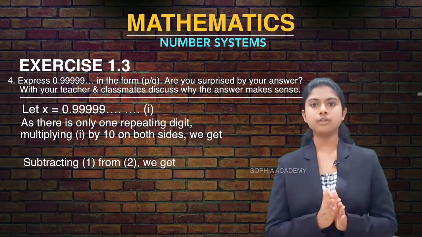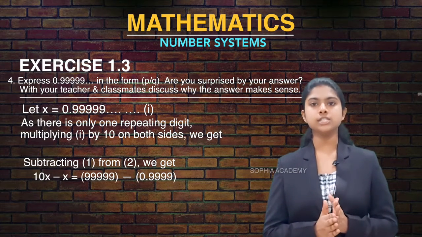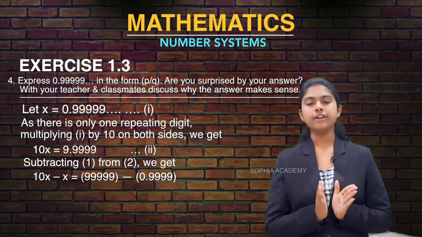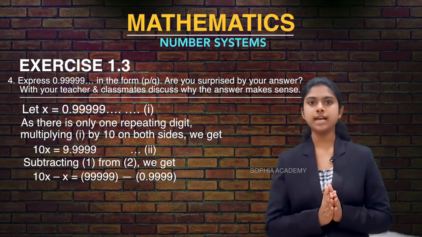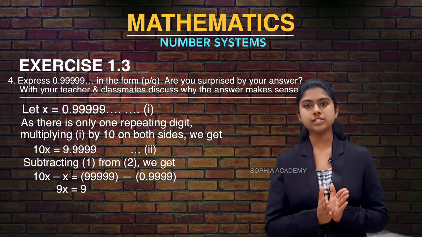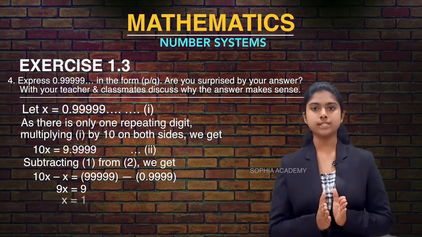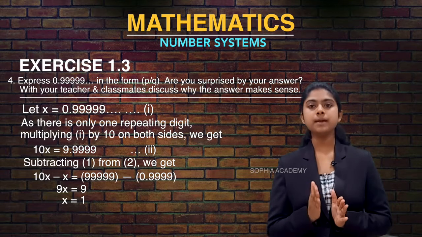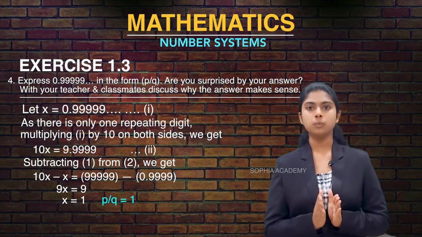Subtracting equation 1 from equation 2, we get 10x minus x is equal to 9.9 bar minus 0.9 bar. The solution we get here is 9x is equal to 9, that is x is equal to 9 by 9, which is equal to 1. That is, the p by q form for 0.9 bar is 1.